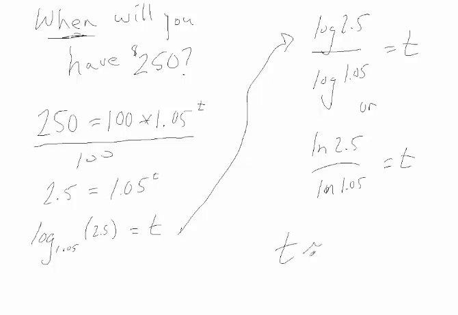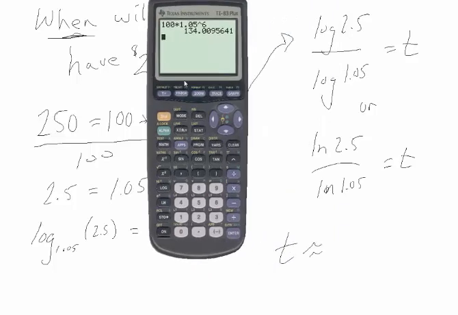And using our calculator, log 2.5 divided by log 1.05 is 18.78. So almost 19 years for it to become $250.